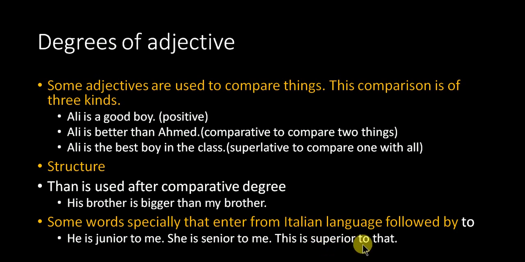This is superior to that, superior to. Likewise inferior to. So these are some of the Italian words, and we always use to after them to compare. And always keep in mind there is no positive degree of these words, and there is no superlative.